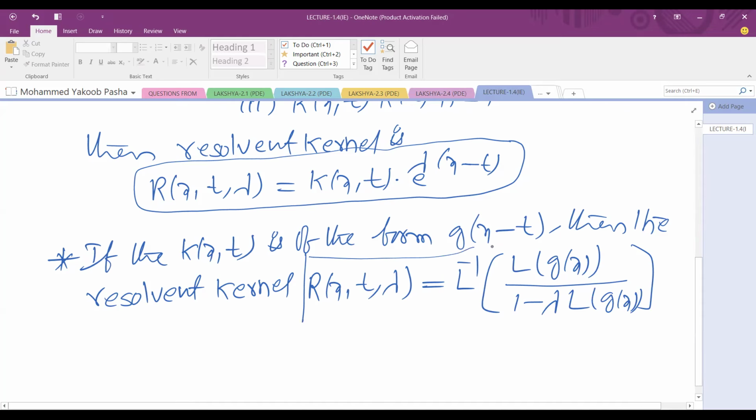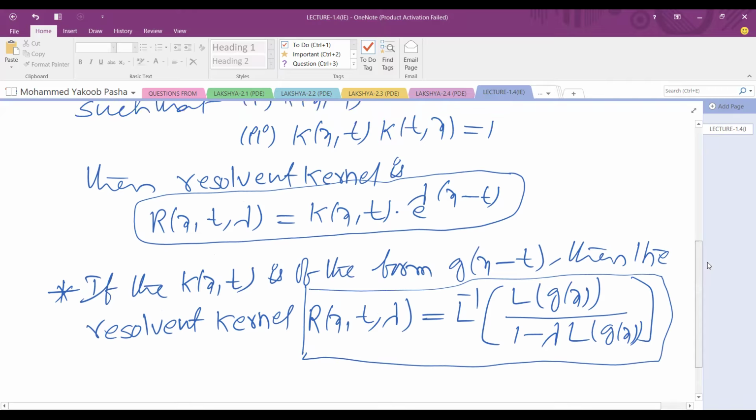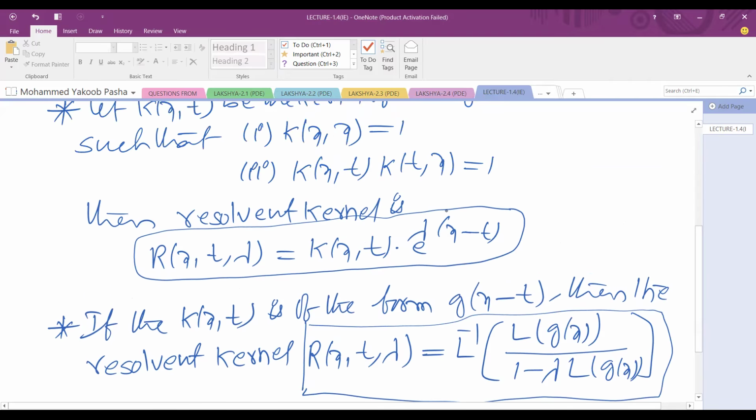There is no need to check that k of x comma x is equal to 1 and k of x comma t into k of t comma x is equal to 1. If it satisfies these two conditions, finding the resolvent kernel is very simple. When these two conditions are not satisfied, then go for this.